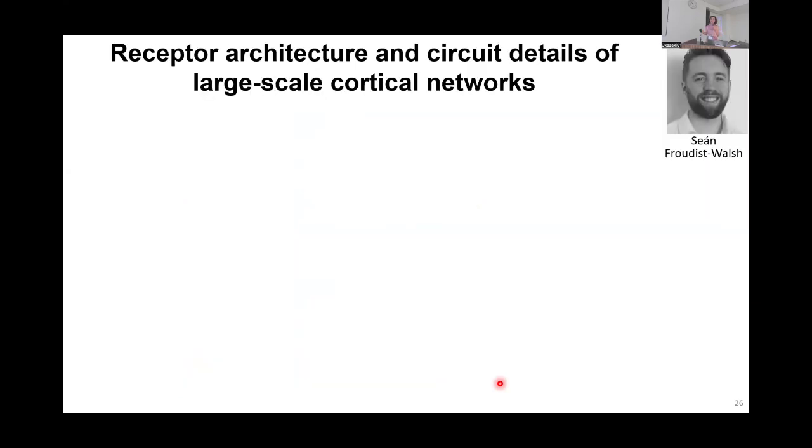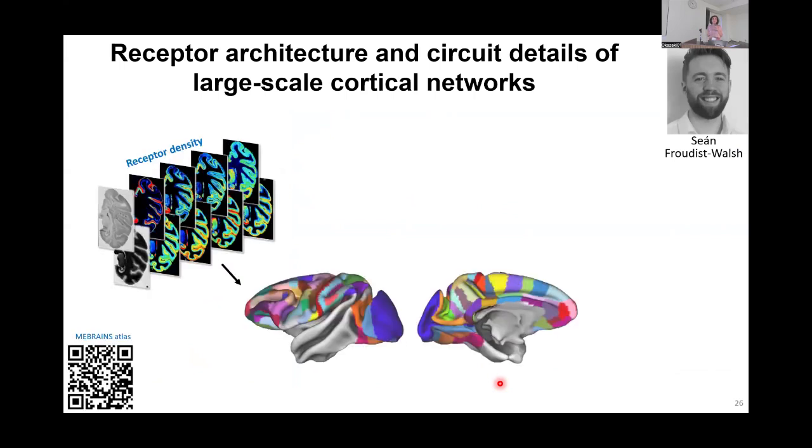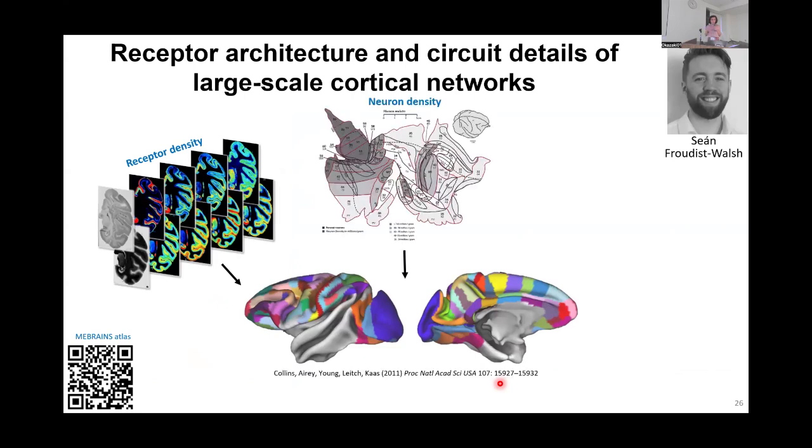So now I'd like to move from the parietal lobe to a global view of the brain, and this is something that was done in collaboration with Sean Froudist-Walsh, okay? And what we did here was integrate our receptor data with neuronal density data, which was acquired from John Cass's group, and with dendritic anatomy acquired by Elston and collaborators.